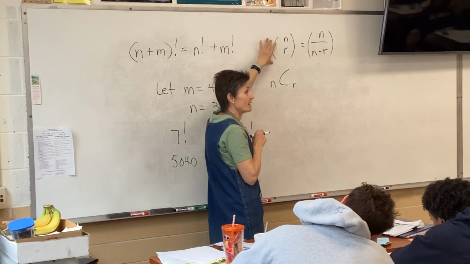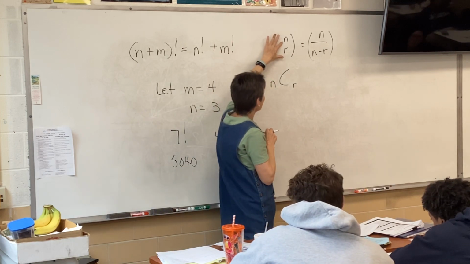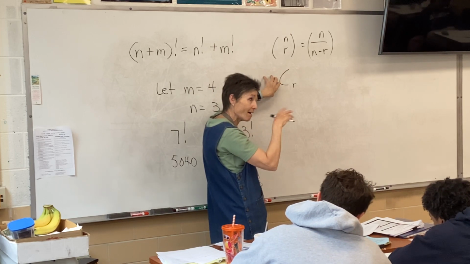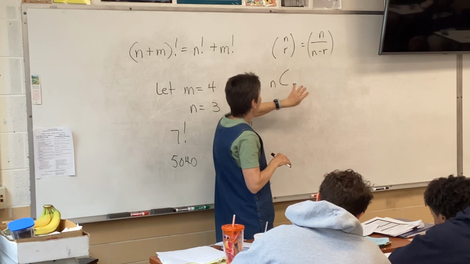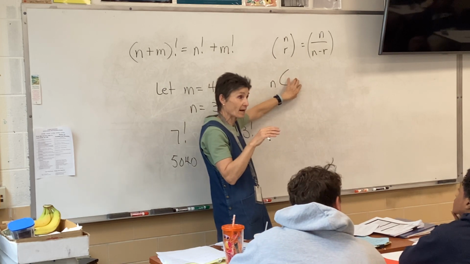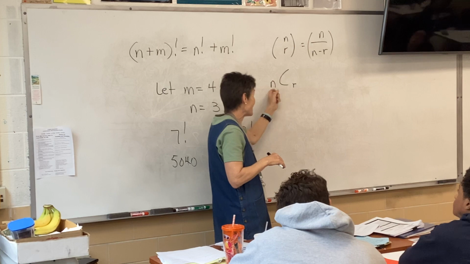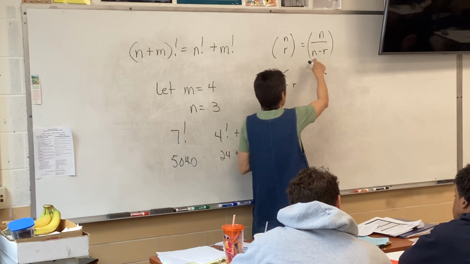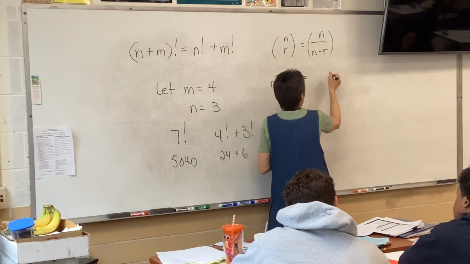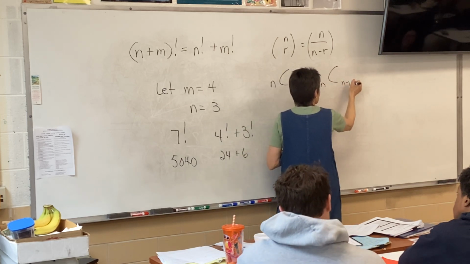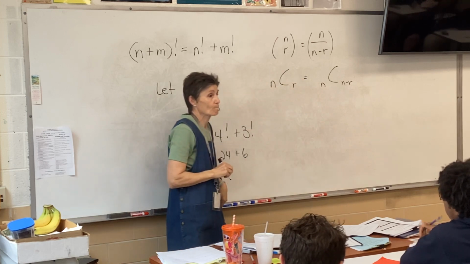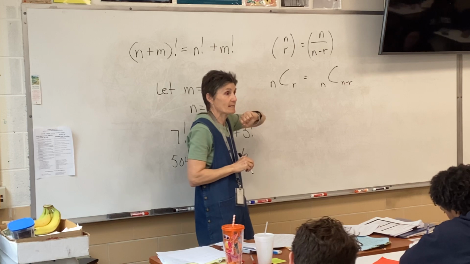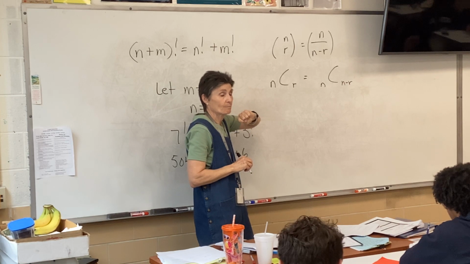This is another combination notation. And the top number is always the first number, which is the number that you have to choose from. And then this is the number that you are actually choosing. Like 8 kids, choose 2. So this is the same as n minus r. This is combination notation written without the C.